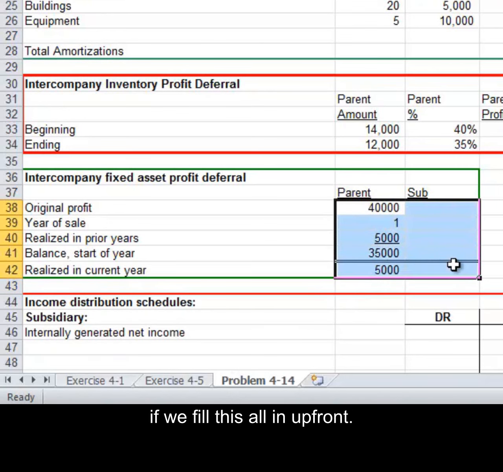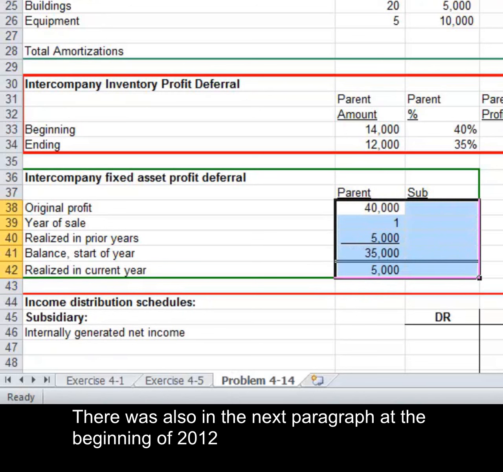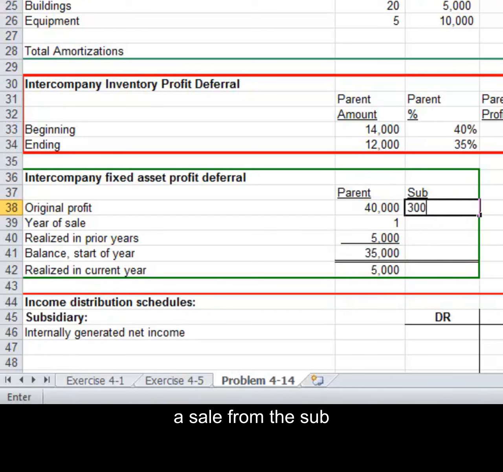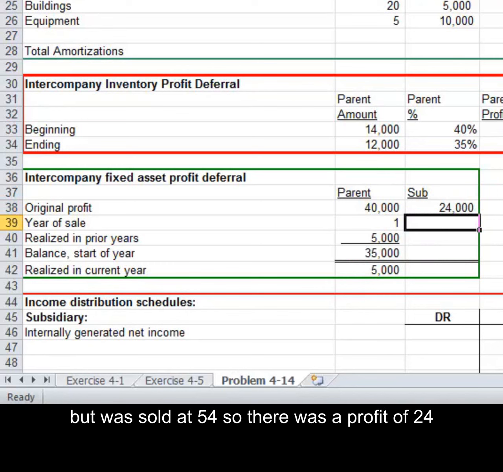There was also, in the next paragraph, at the beginning of 2012, a sale from the sub that had equipment with a book value of 30, but it was sold at 54, so there was a profit of 24.